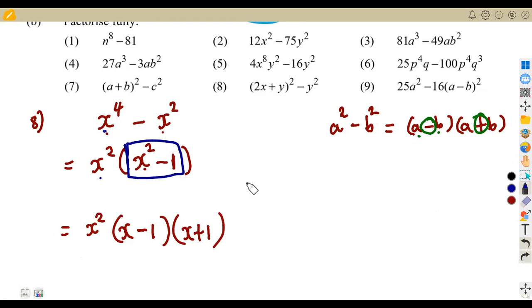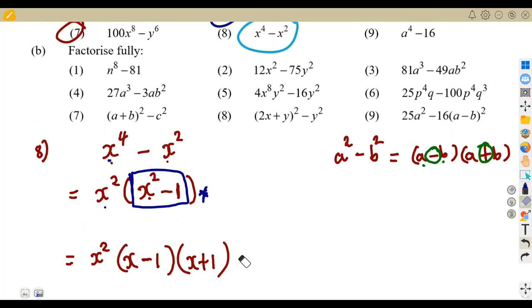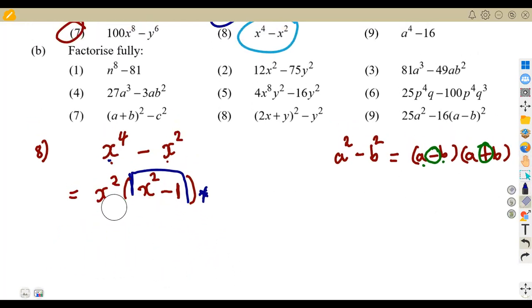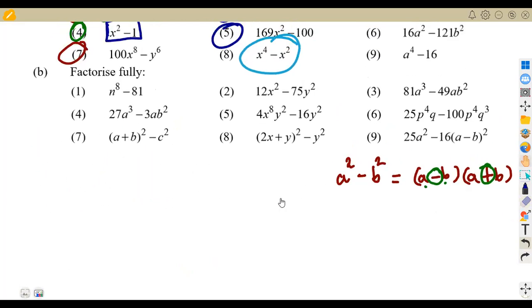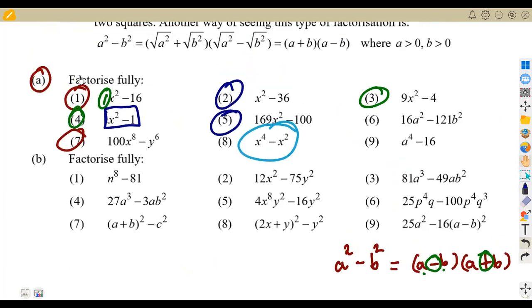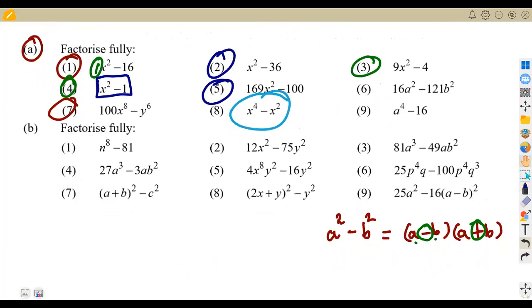If you leave your answer at the previous stage, it's not fully factorized. You are not going to obtain full marks for this factorization because it must be fully factorized in order for you to obtain the full marks. That's why they write here, factorize fully. You are supposed to have this to the last part where you do not have any common term to consider.